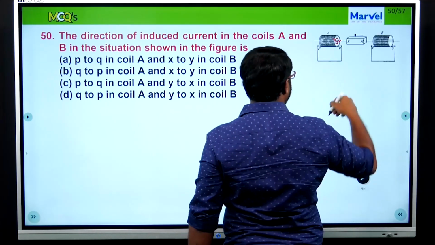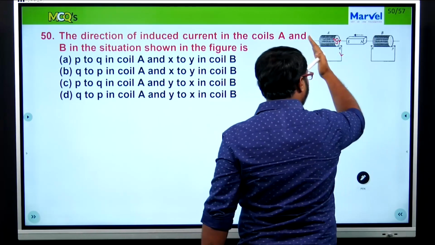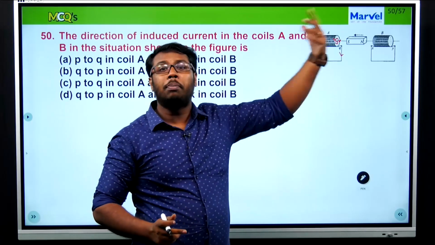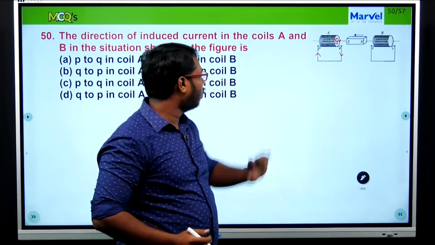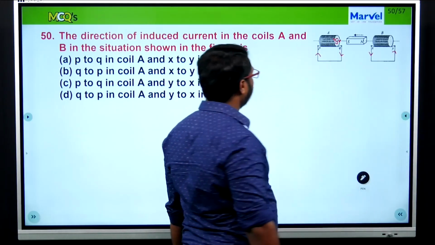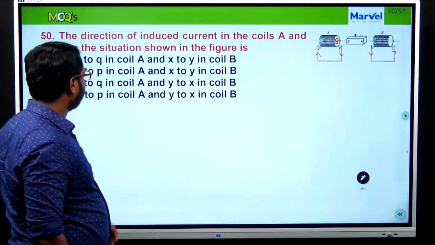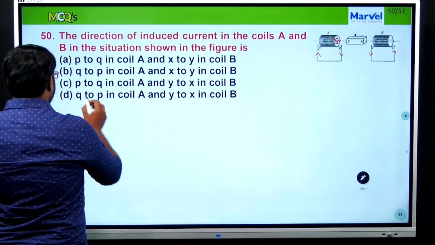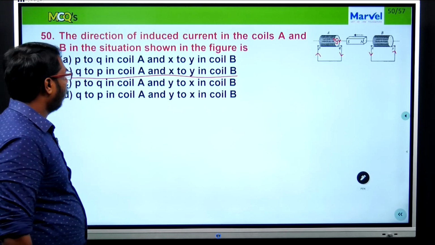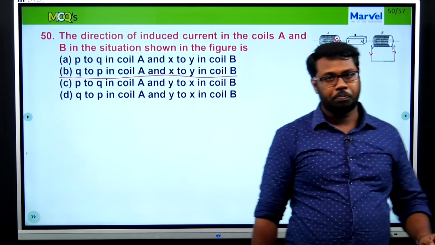Since the north pole is moving away from B, the face on the left side of B should be south to pull it this way. So here the current flows in the anti-clockwise direction. Coming to the options, option B suits our criteria: Q to P in coil A and X to Y in coil B. So this is how things really are.